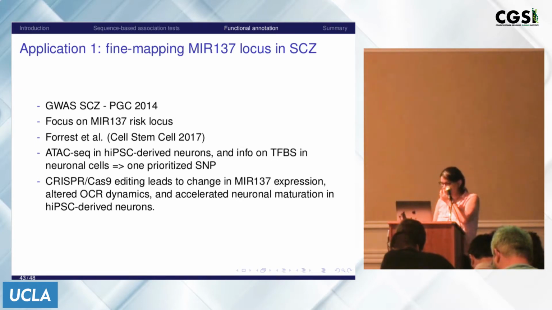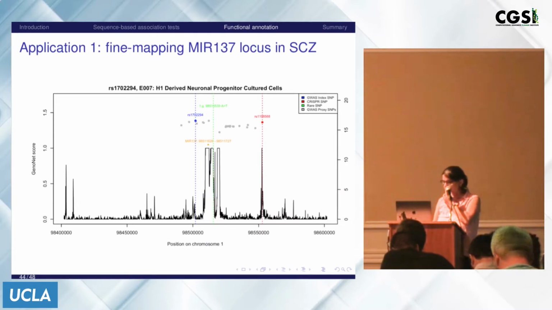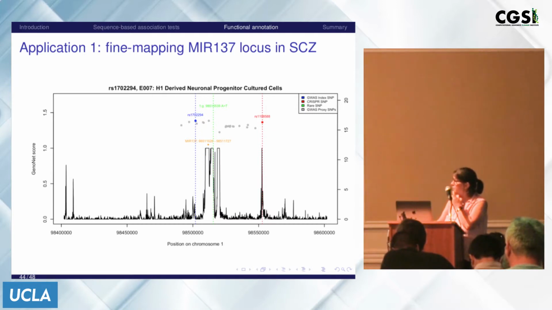So what we wanted to see is whether, by using these computational predictions we have from GenoNet, we can correctly guess where the functional variants are located in this region. What's shown here, the blue SNP is the GWAS index SNP. So this is the SNP with the smallest p-value in the GWAS study.